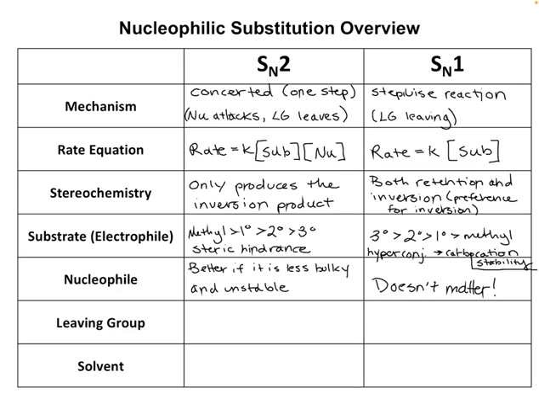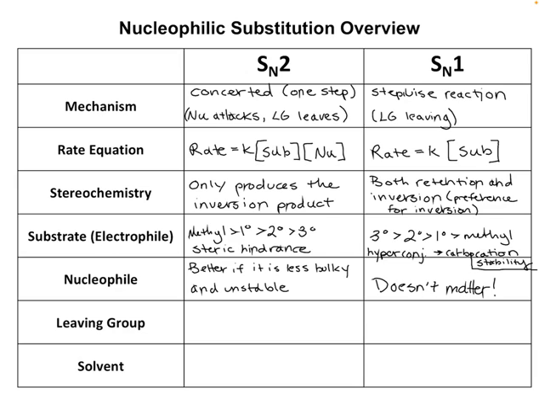We then derived the rate laws for both. So we said that the rate for SN2 is dependent on both the substrate and the nucleophile. But for SN1, the rate is only dependent on the substrate.